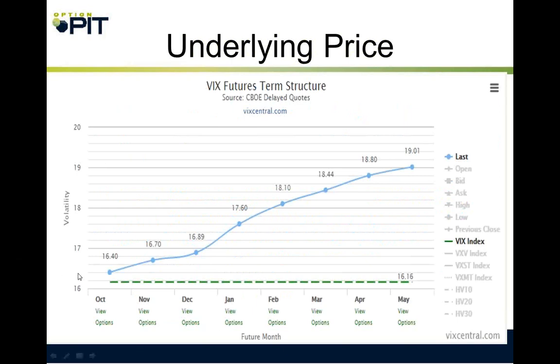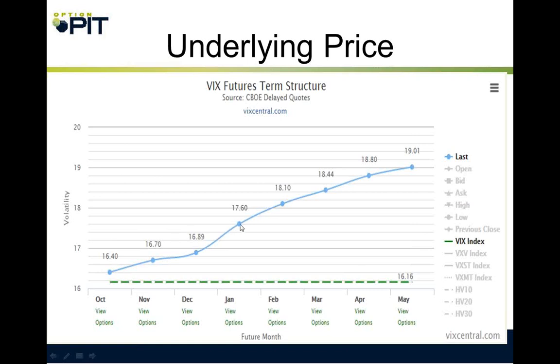So again, you have to remember, every month has its own underlying. If you're looking at an at-the-money put spread and you're doing January versus October, you're doing a put time spread.